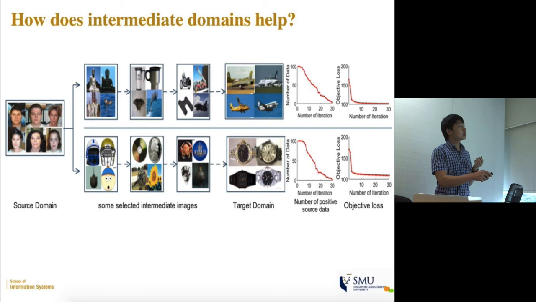The first one is photos of airplanes, and the second one is photos of watches. Moving from the source domain to the target domain, there will be some selected intermediate images, and they appear in order. In the first iteration, these images will be selected. In the second iteration, these images will be selected.